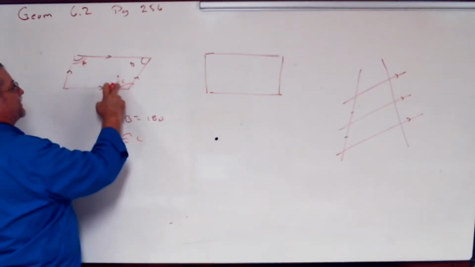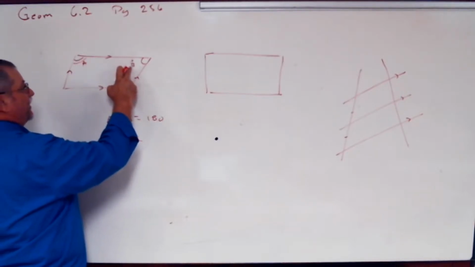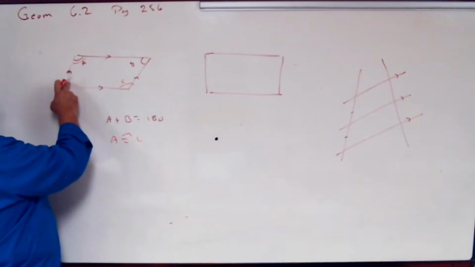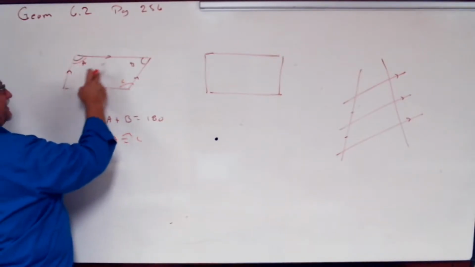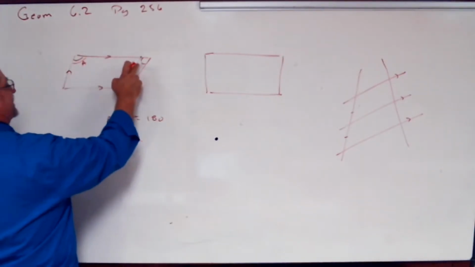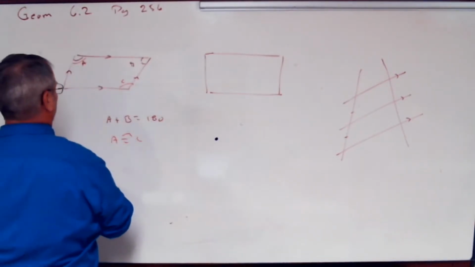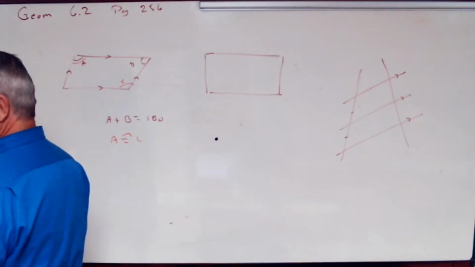So A and C are the same, and A plus B is 180. Therefore, that plus that is 180, that plus that is 180, that plus that is 180. This and this are the same. So opposite angles are congruent, and consecutive angles are supplementary.